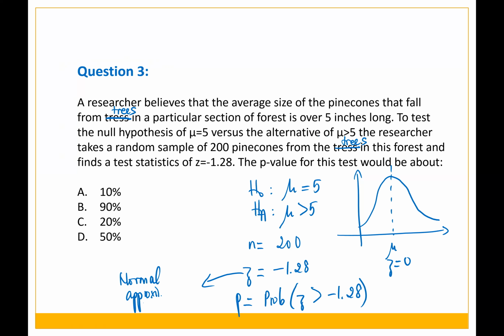So if you look at the normal table, when your z is negative, you're going to see that the probability of the population smaller than negative 1.28 is 10%. And this part is going to be 90%. And so the answer is going to be 90% because you're looking at the probability bigger than negative 1.28. And so the answer is B.